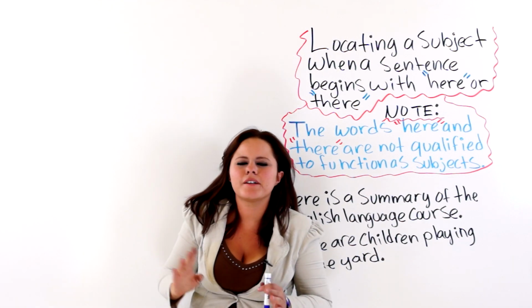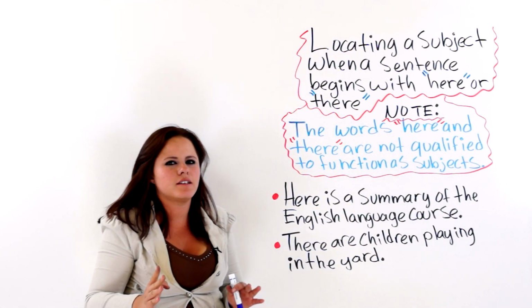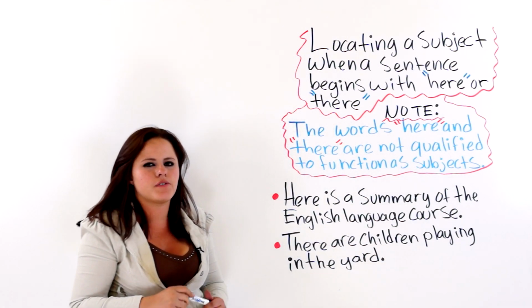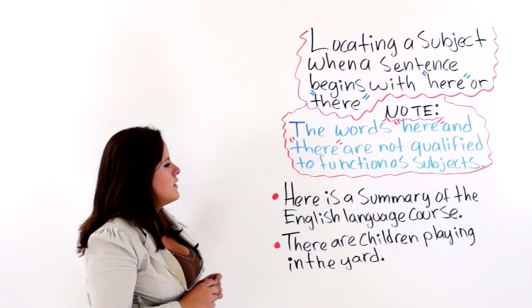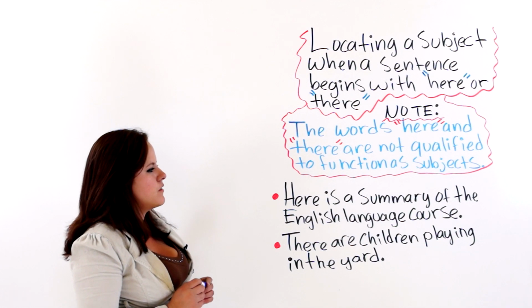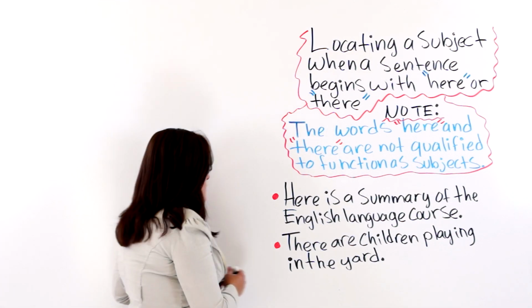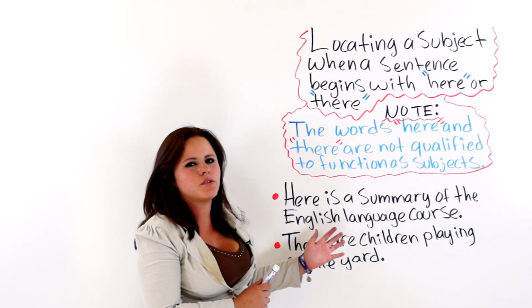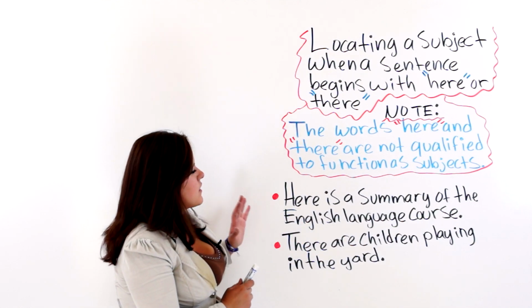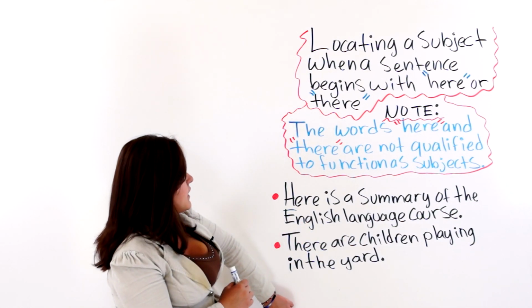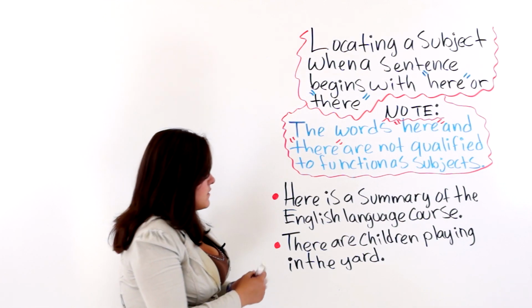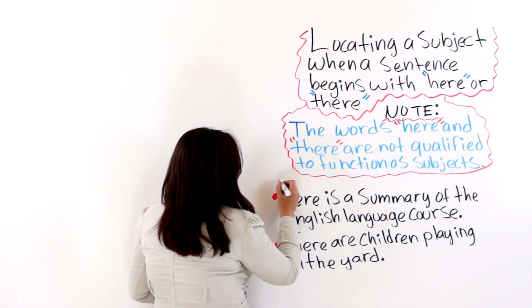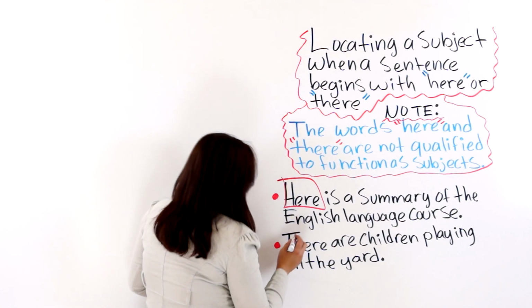Alright, now you are going to help me locate and underline the verb. Okay? The first one says, here is a summary of the English language course. So which of these words do you think is the subject? We know that the words here and there are not qualified to function as subjects, so we are just going to ignore them temporarily.